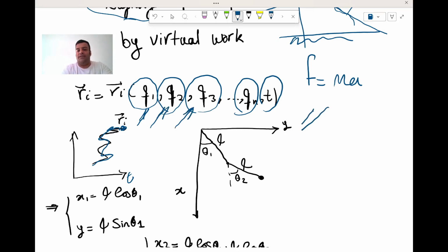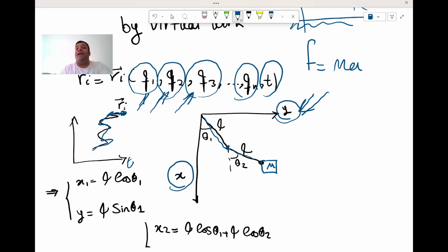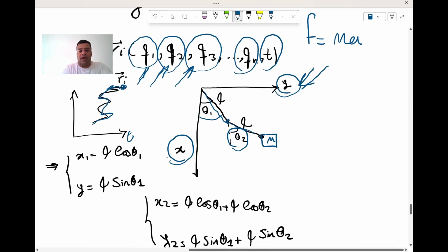For example, in this shape you see a double pendulum, with length L and mass M. At first your coordinates are with respect to x and y, but you change them to theta 1 and theta 2. Therefore, instead of x you write L cosine theta 1, and instead of y, L sine theta 1, and for the second part you add this part, of course.